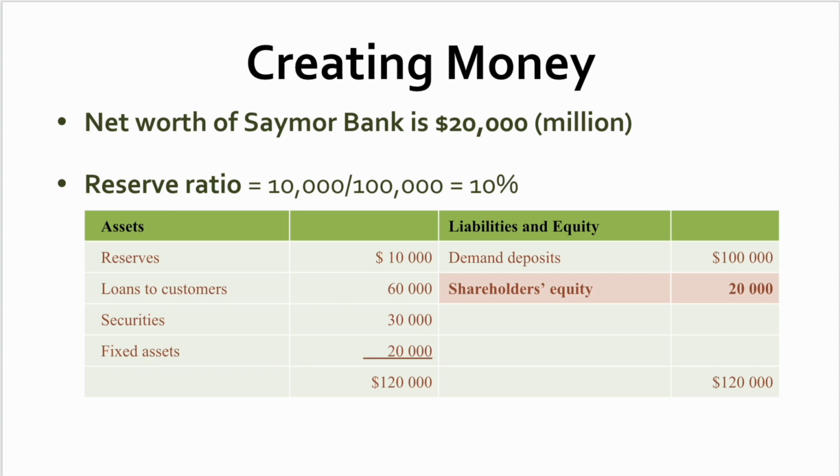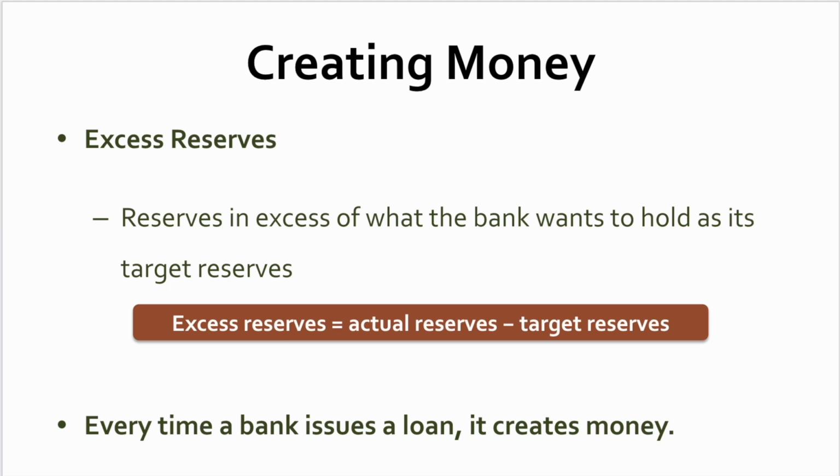The remainder, the $90,000, they can loan out. So generally, anything beyond the reserve ratio is what's called excess reserves, and that's what the bank makes money on. Those excess reserves, they can loan them out and earn interest on them. So excess reserves is simply the actual reserves minus the target reserves.